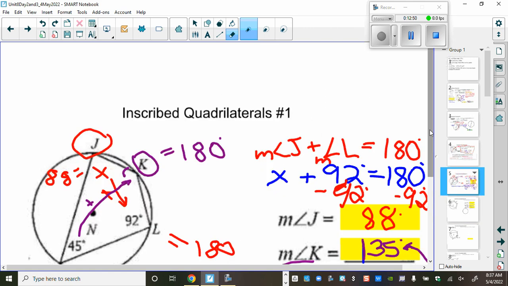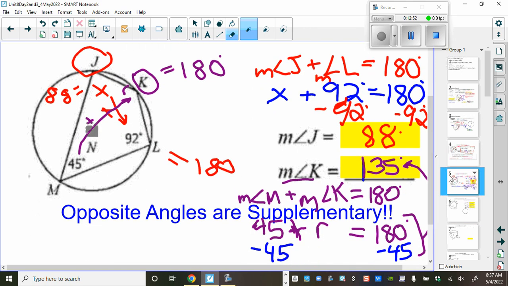All right, so any more questions on this one? Basically, go across. Your angles have to add up to 180. Anytime you see a quadrilateral inside a circle, opposite angles add up to 180. That's all you need to know. Now, the only reason why I might do the next two, one of them is because we still need to think about non-central angle and its relationship to the arc.